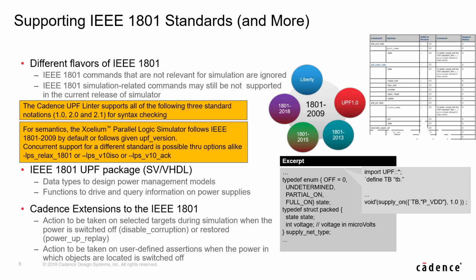Last but not least, we have also ways to consider user-defined assertions. For example, imagine, and it's a basic example, that you've got an assertion saying, if I've got a request, I've got a grant, but imagine that the grant is in a power domain that you're switching off. What do you expect? Because your grant will be corrupted, that means the assertion will trigger. The question is, what do you want to do?